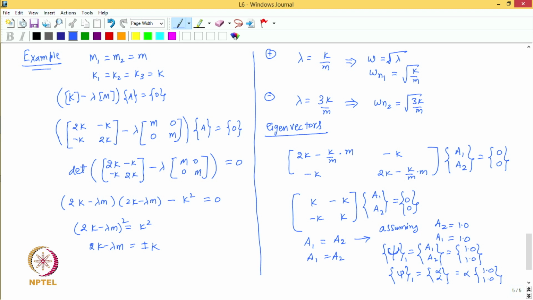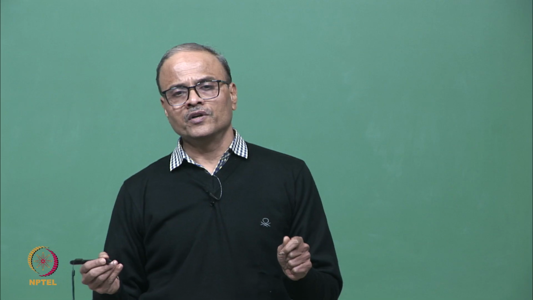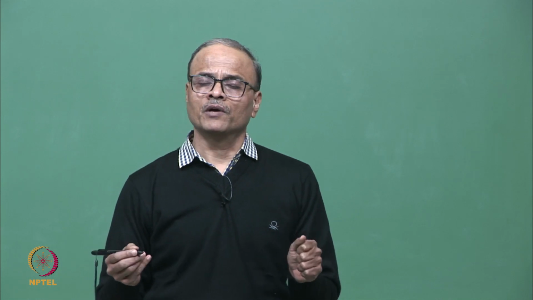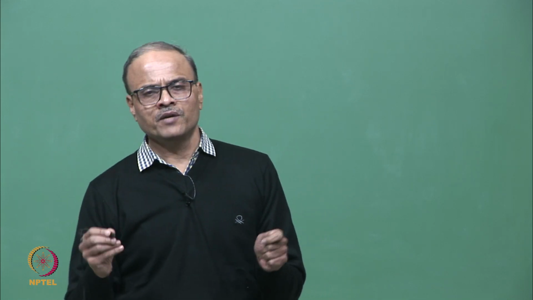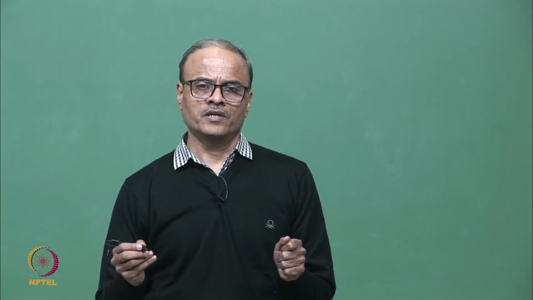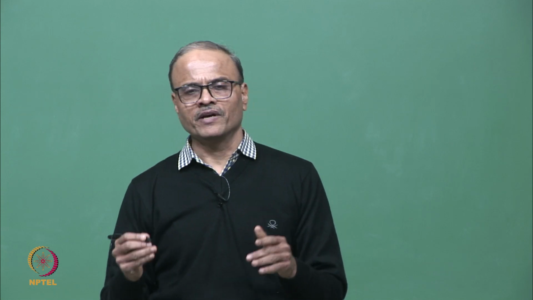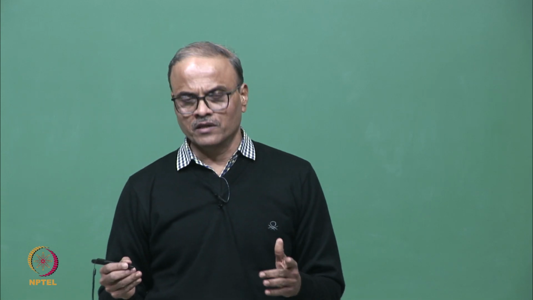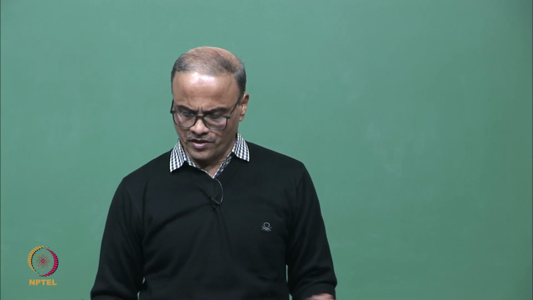However, the important thing is that they represent the overall pattern of the deflections which the different degrees of freedom undergo in a mode of vibration, and that shape of the displacement pattern does not change. The shape remains the same, it may get scaled by a scalar, but the shape does not change.